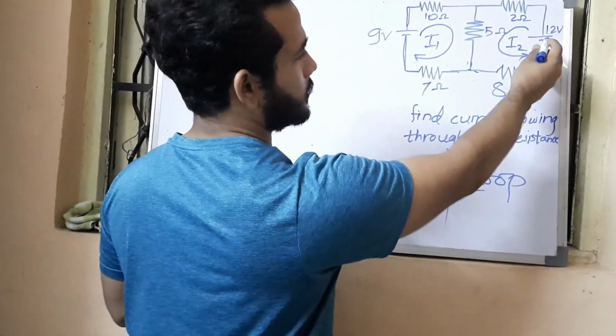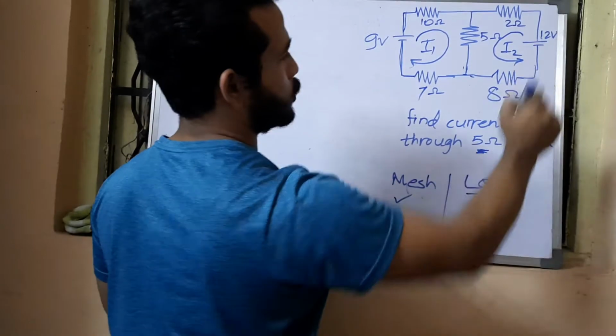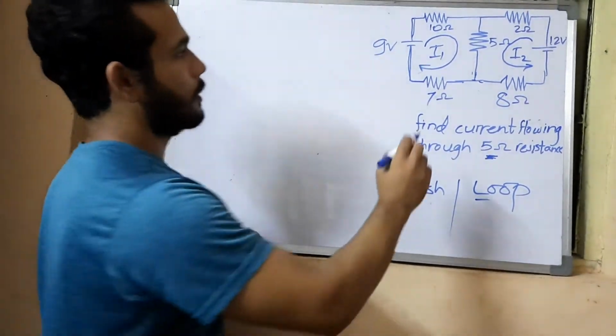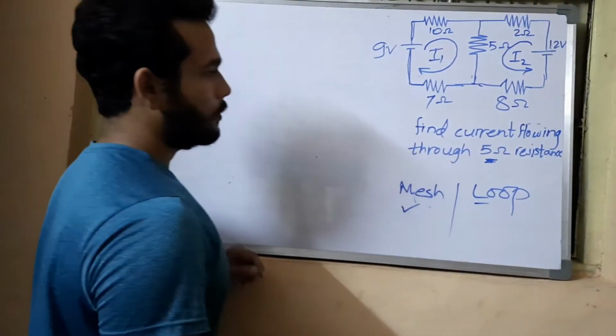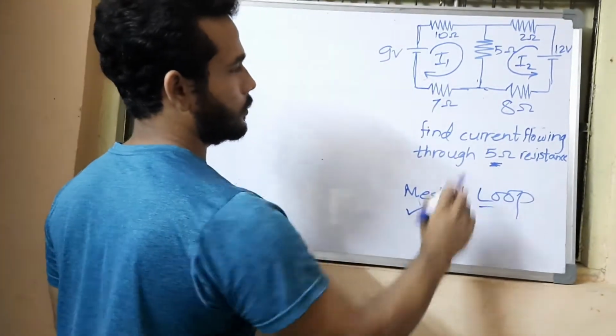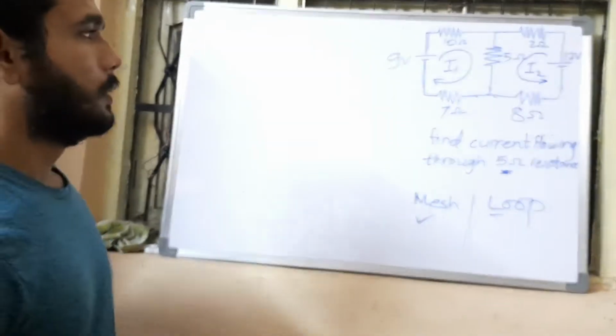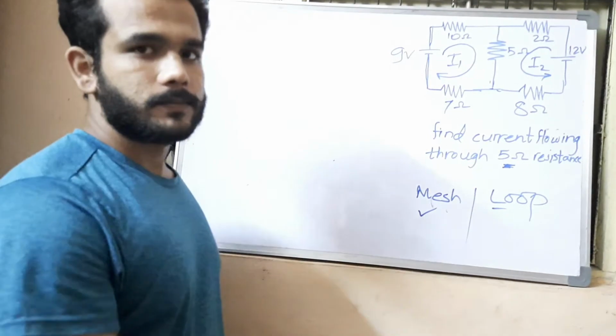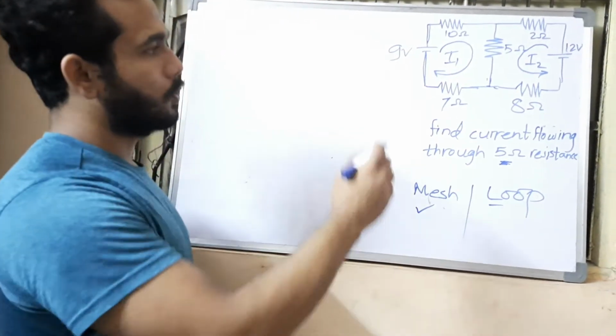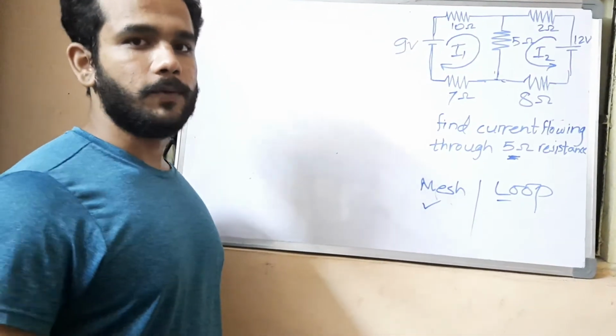I2 is produced by this battery and it is flowing through this mesh 2. Now we have to find the current flowing through 5 ohm resistance. For that, we should know how to apply KVL.